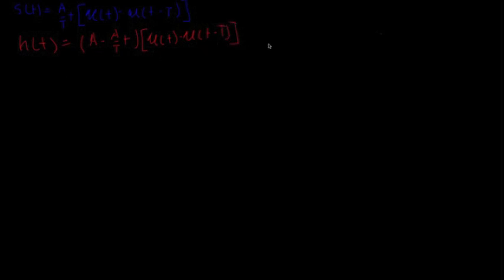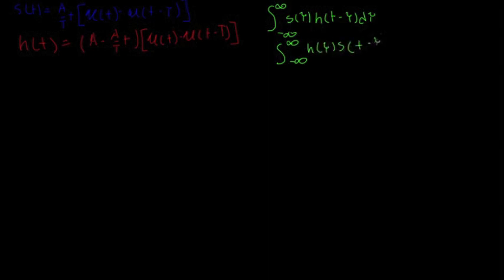Now, as we saw in our integral equation, we have to find the integral of s of tau h of t minus tau d tau, or the integral from negative infinity to infinity of h of tau s of t minus tau d tau.